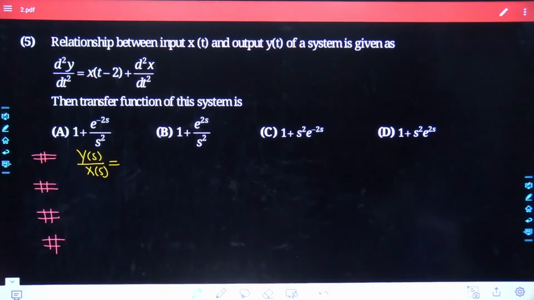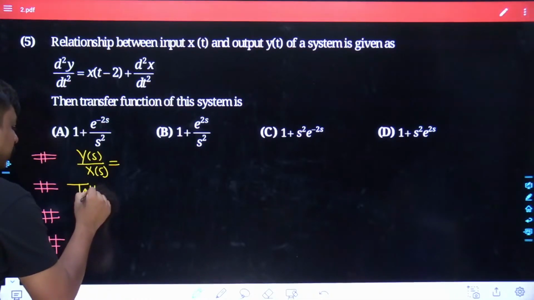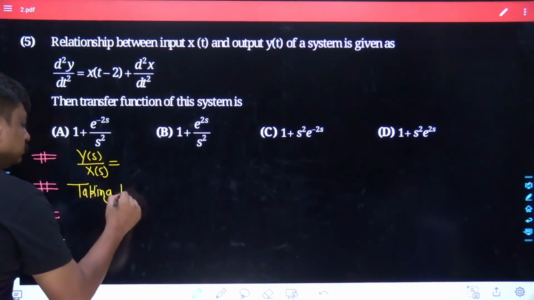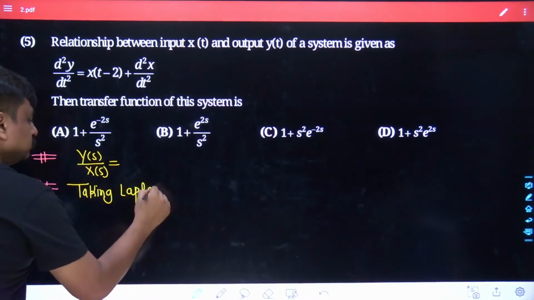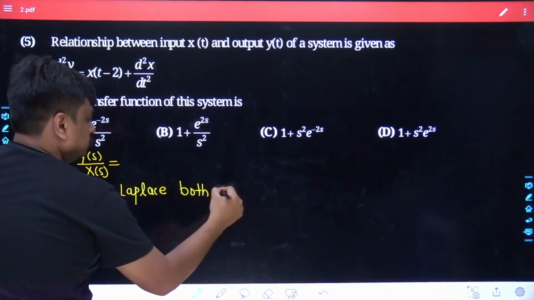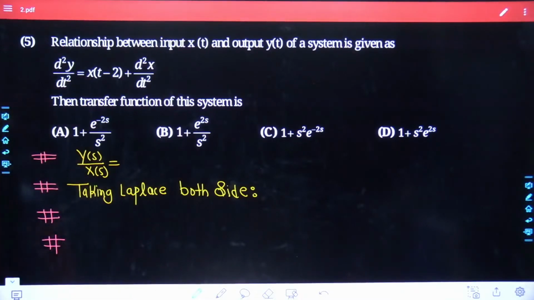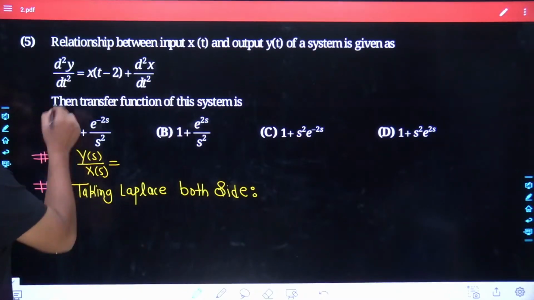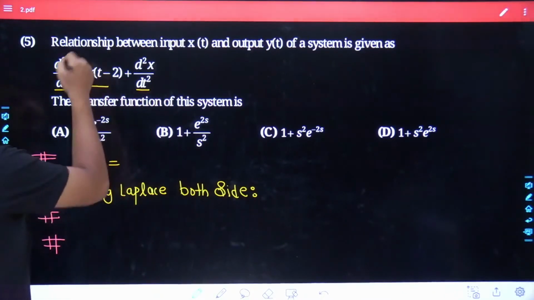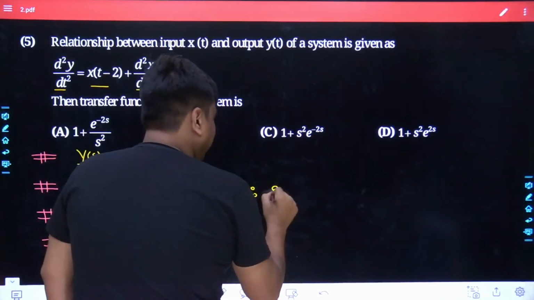Again, we take the Laplace on both sides. So what I am going to do over here is take the Laplace on both sides. Once we take the Laplace on both sides, the same concept must be there in our mind: the initial conditions get dropped, and simply we are left with s square.